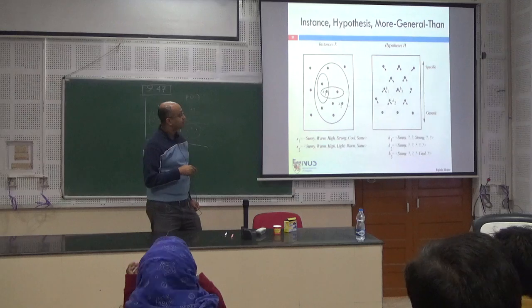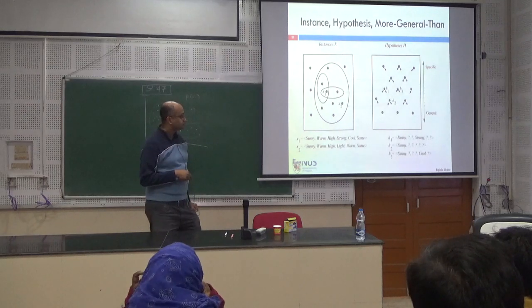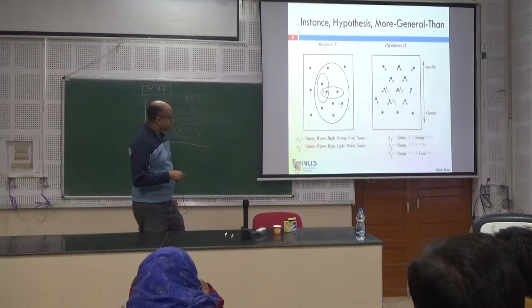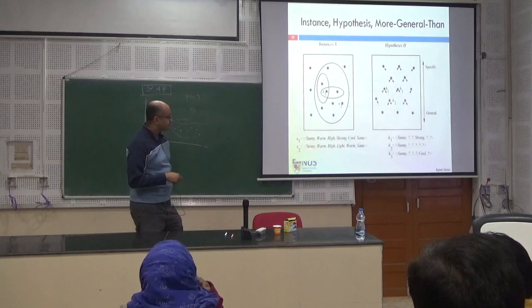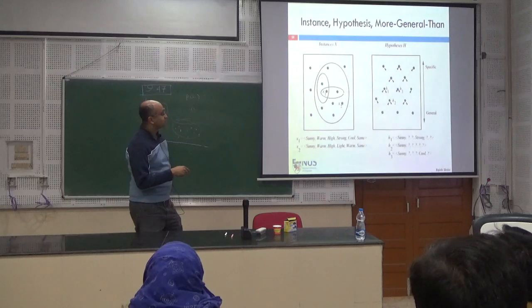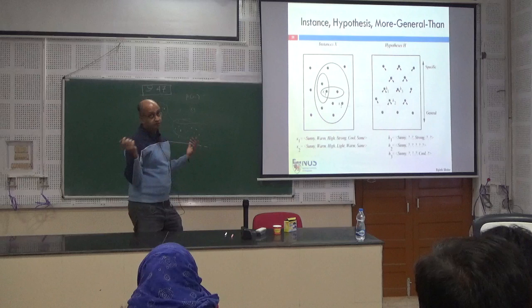So this cannot be within here. Sorry, I'm talking about X2, not H2. X2 is sunny and light, so it cannot be within sunny and strong. Sunny and light should be outside somewhere.